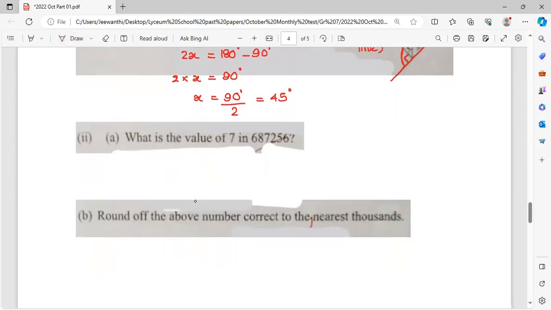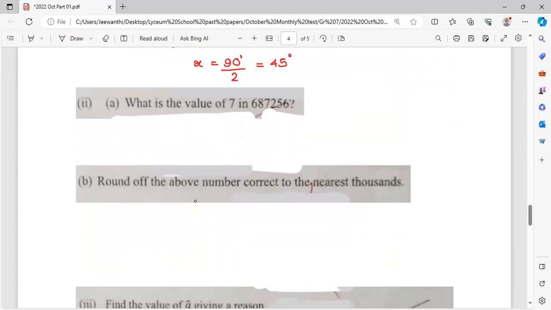Okay. So in the next one, you want to find the value of 7. Here, I want to mention one thing. You want to understand the place value is different from the value of the digit. For an example, if I take this 5, what is the place value of this? Tens.